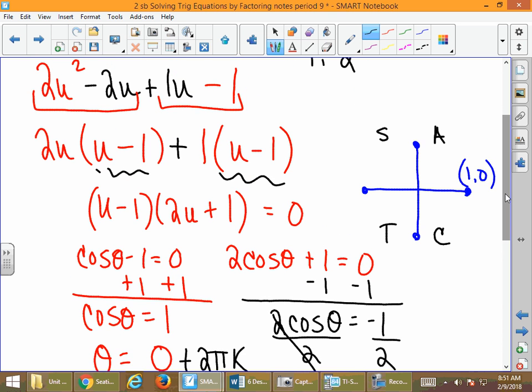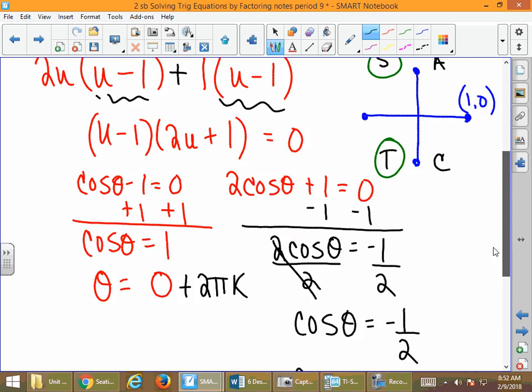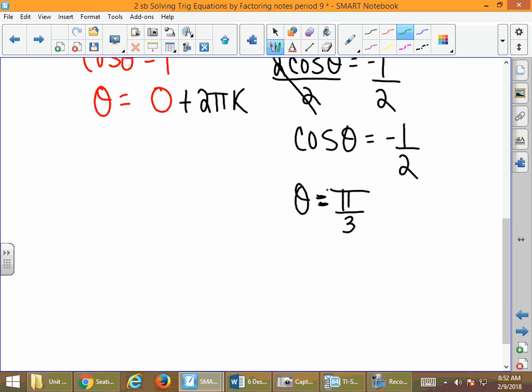And cosine's negative in the second quadrant because sine is positive there. And cosine's negative in the third quadrant because tangent's positive there. So we need a pi over 3 in the second quadrant, which is 2 pi over 3. We need a pi over 3 in the third quadrant, which is 4 pi over 3.